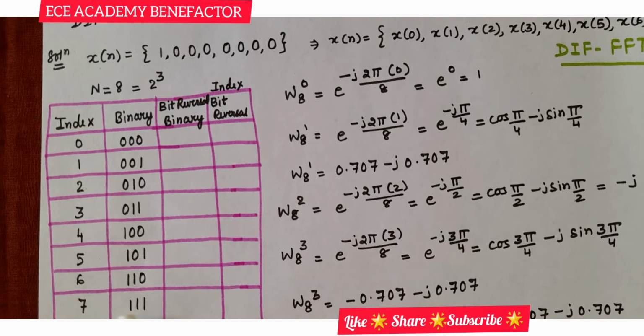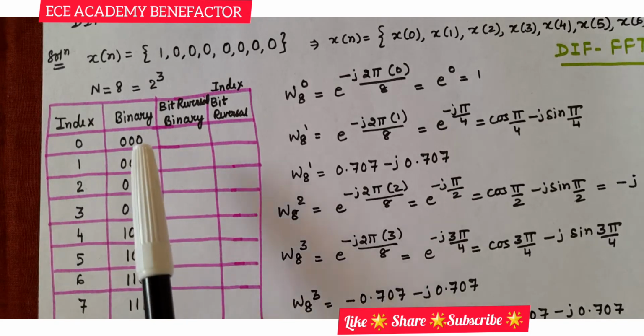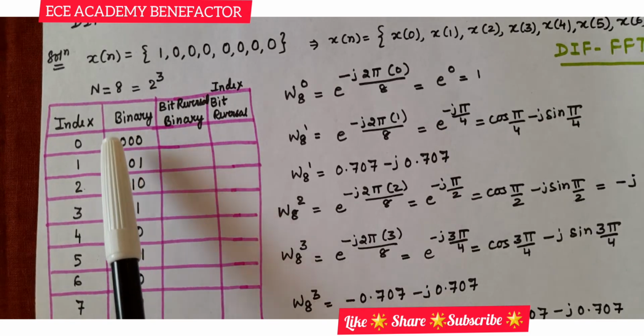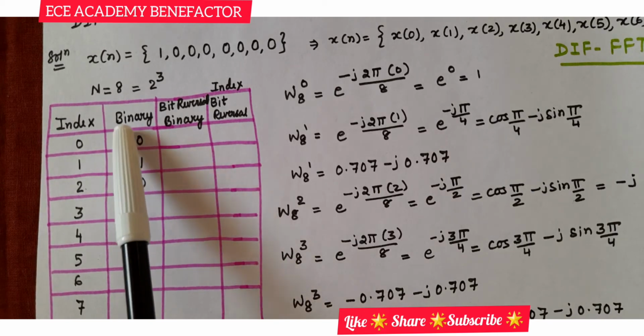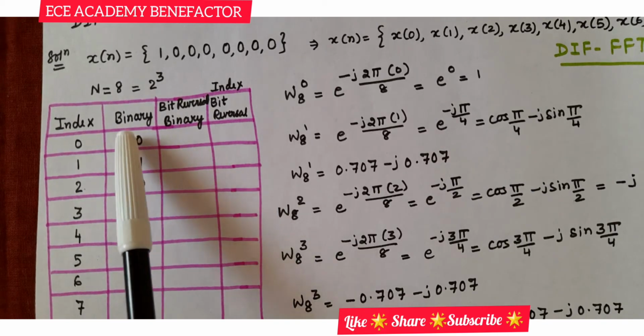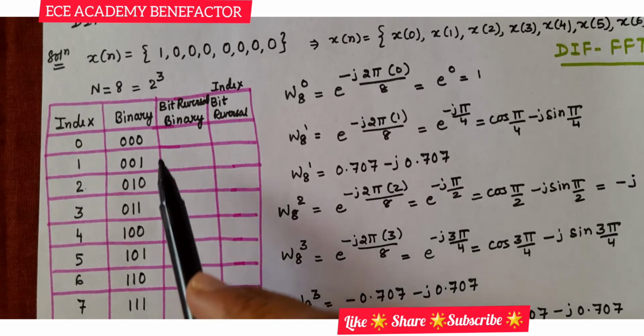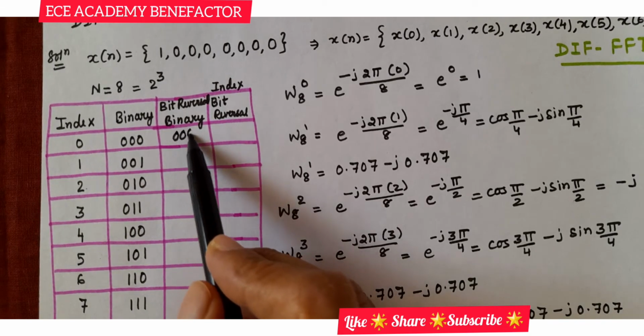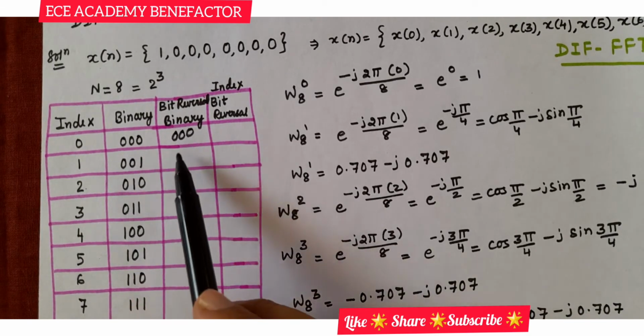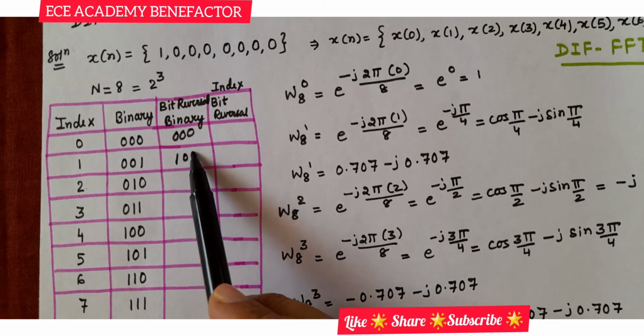So you have to do bit reversal of this binary number. Interchange the LSB and MSB bit values. After interchanging, 000 will come as 000. If you interchange this, 001 will become 100.